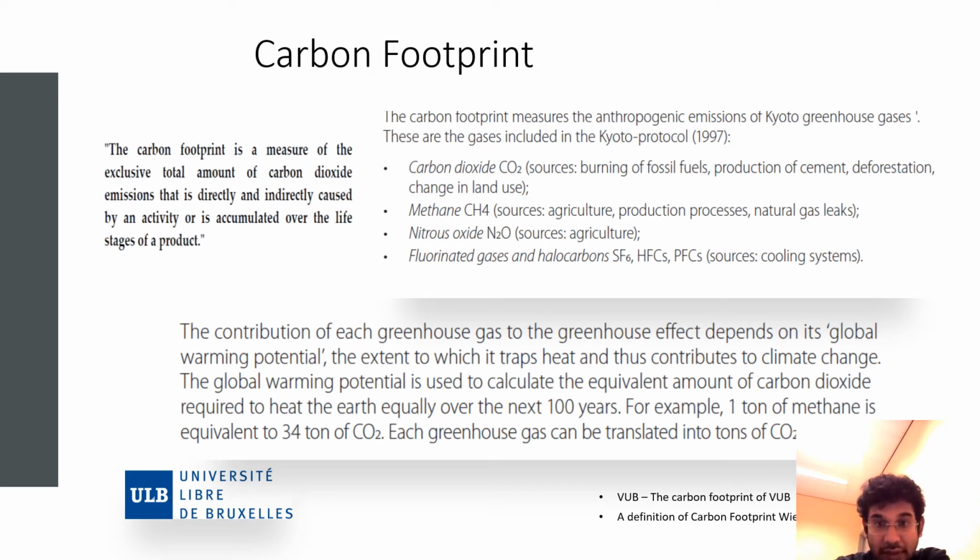That is, for instance, as it's given here, 1 ton of methane is equal to 34 tons of CO2. So every greenhouse gas can be translated into its own equivalent of CO2. And the VUB and the Freie Universität have made their calculations of carbon footprint, and it's available as data, and they go through the methodologies and different categories as well.